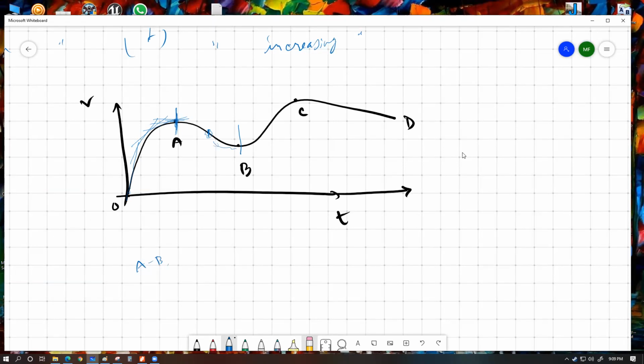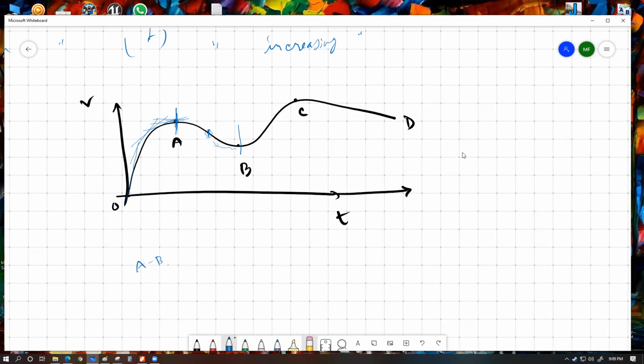So I'm going to say it once again like that. From A to B, the object slows down with increasing deceleration first, and then it slows down with decreasing deceleration. Now, having decreasing deceleration means what?